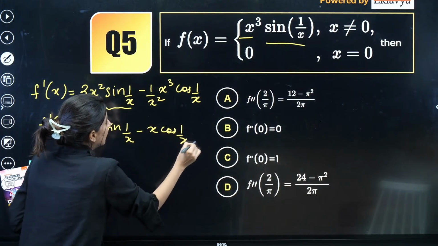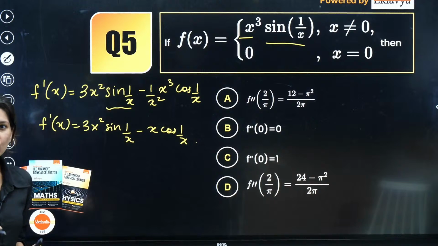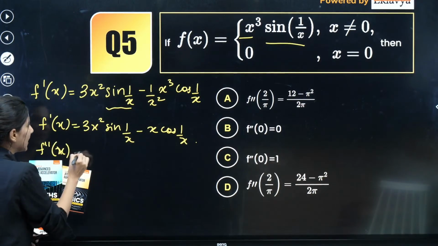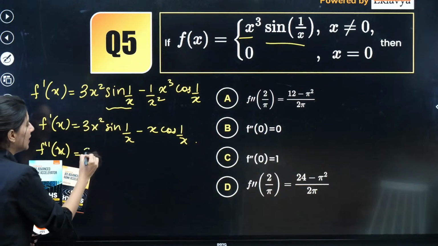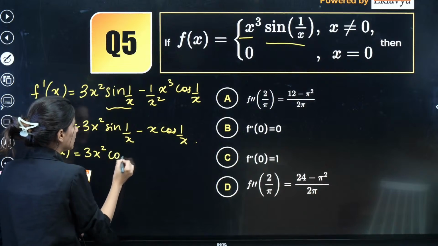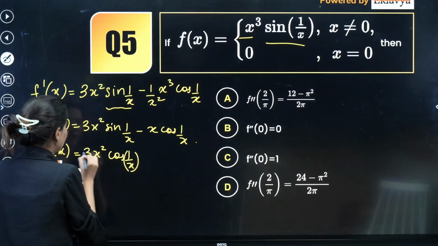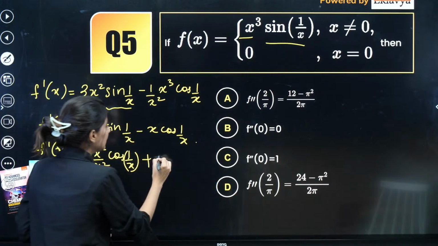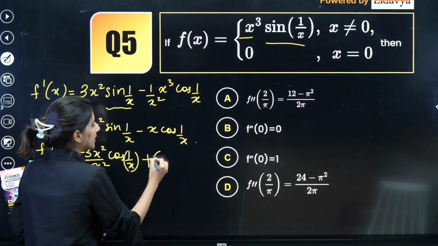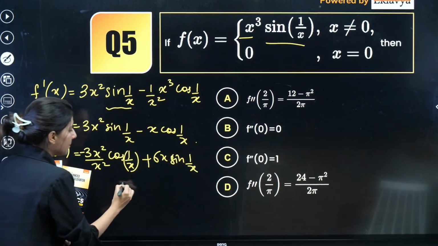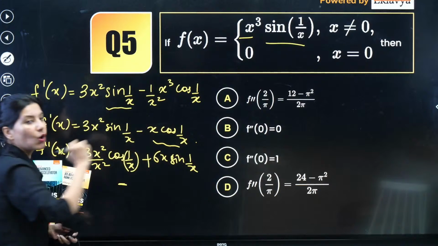Now we need to differentiate again. Please do not do it in a hurry because you can make some mistake over here. Again, product rule. 3x square as it is, sine 1 by x derivative is cos 1 by x with a negative 1 by x square, plus, now this time sine 1 by x is constant, this is 6x sine 1 by x, minus, now x cos 1 by x.